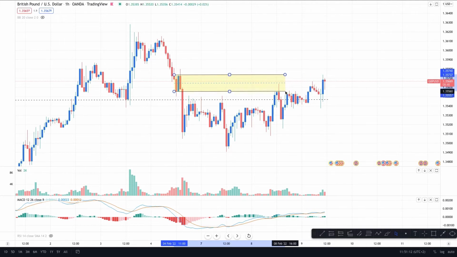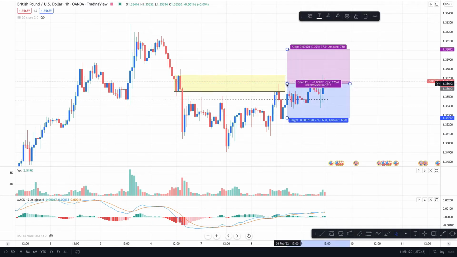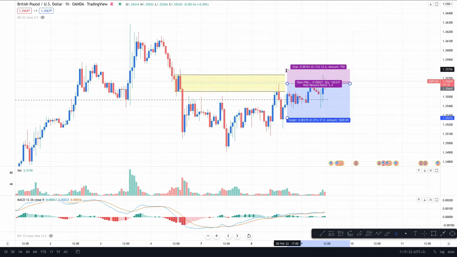So, how would we use this to trade with? I would see price doing this, and I would set up a short pending position from the 50% halfway mark inside this order block zone, putting the stop a couple of pips just above, and I would always aim for a target of 1 to 4 minimum.